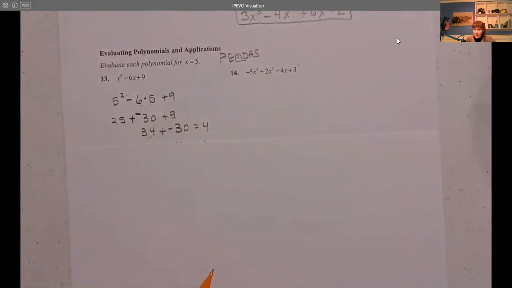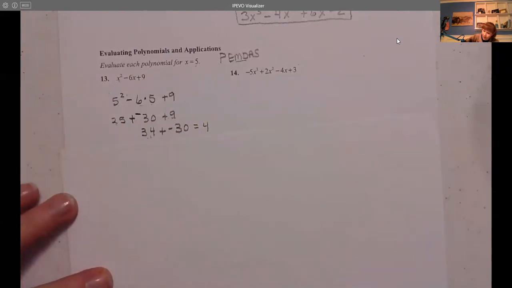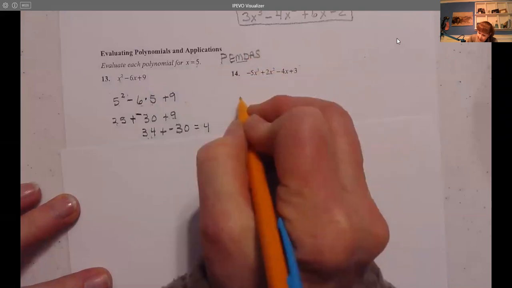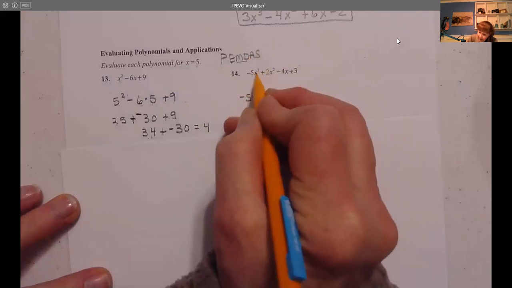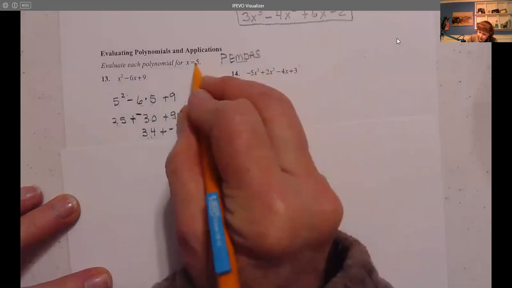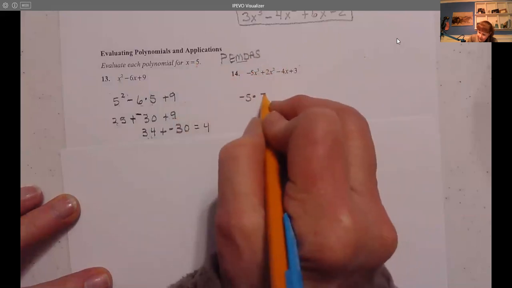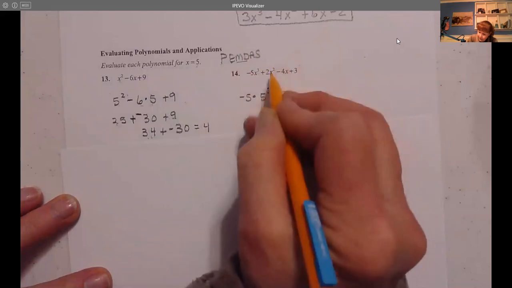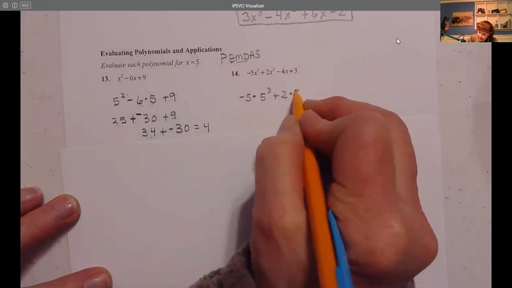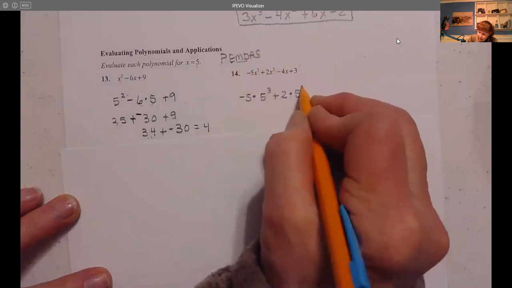All righty. Okay, let's go ahead and substitute into this next one. All right, we've got a negative 5 times, our x is still going to be 5 cubed, plus 2 times 5 squared.